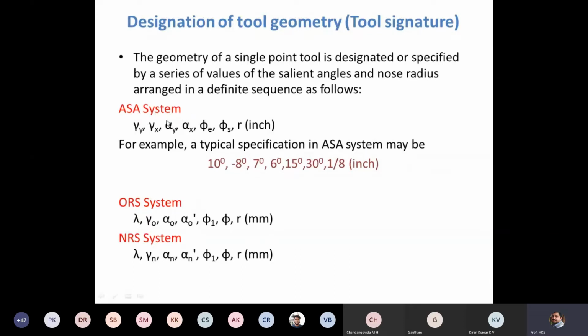Gamma y is the back rake angle. Gamma x is the side rake angle.